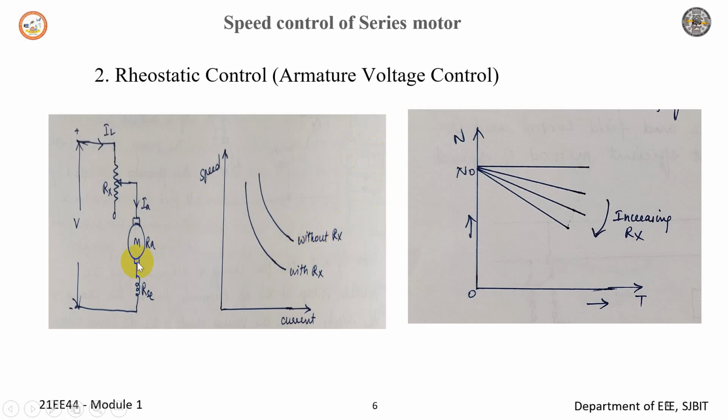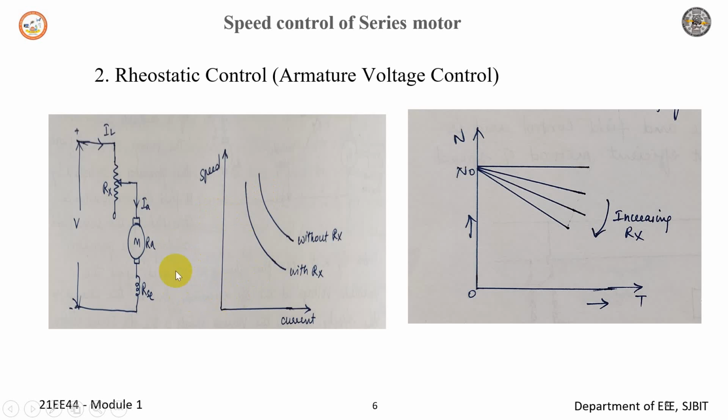The next method of speed control of a series motor is rheostatic control, that is, armature voltage control. The circuit is shown in the figure. In this method, the variable resistance Rx is in series with the armature, and the applied voltage is varied as shown in the figure. Also see the characteristics of speed and current.